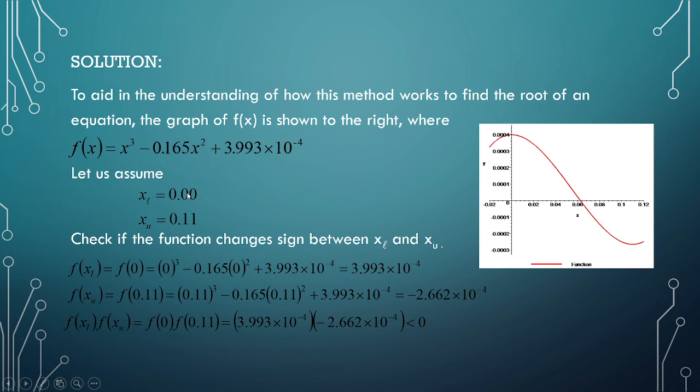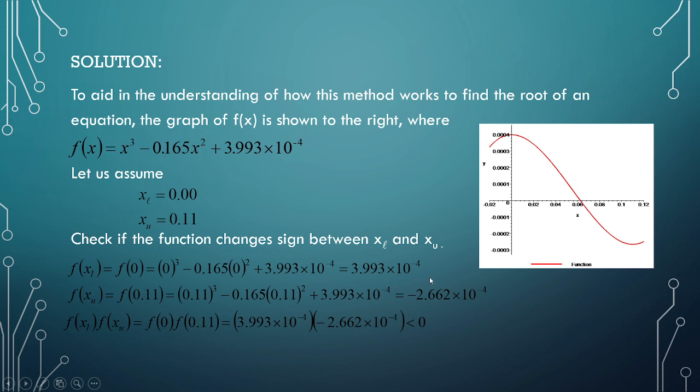For the first iteration, we assumed XL as 0.0 and the upper limit as 0.11. While checking the function at 0.0 and 0.11 in the given equation, we can observe that f of the lower limit was 3.93 into 10 power minus 7.